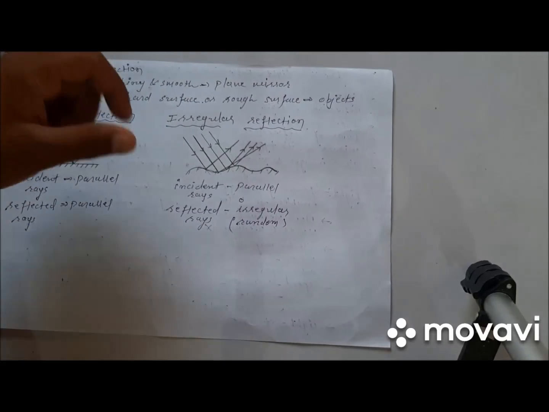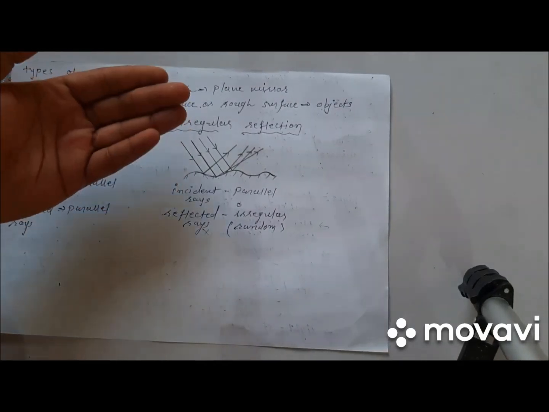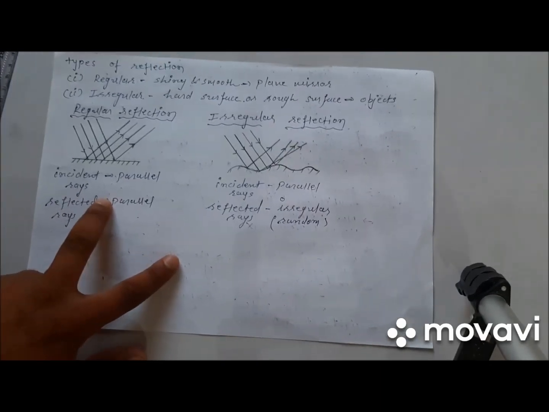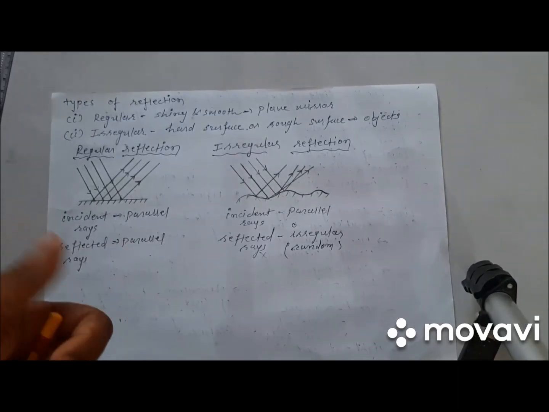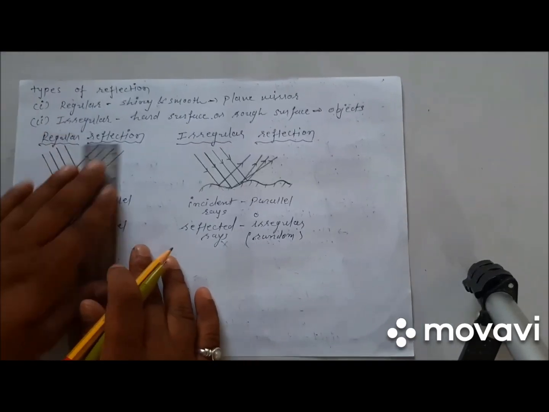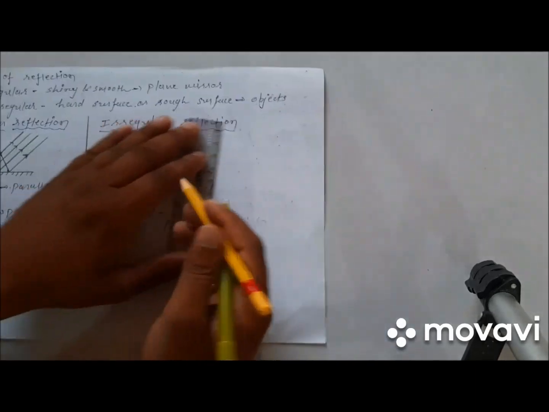Suppose on a table there is a book and we are able to see the book, so that book is doing irregular reflection, and that is how we see it. So this way we have two types of reflection, regular and irregular. Now we go to our next concept, that is law of reflection.